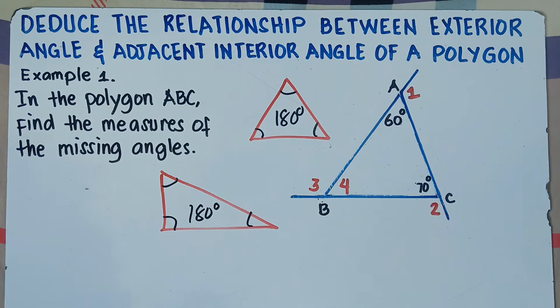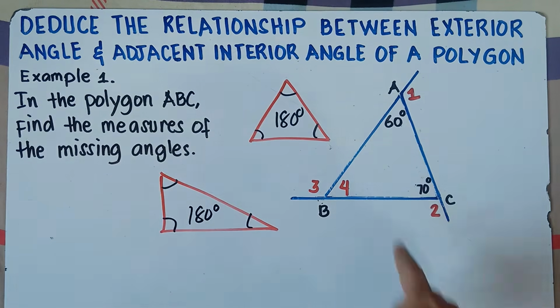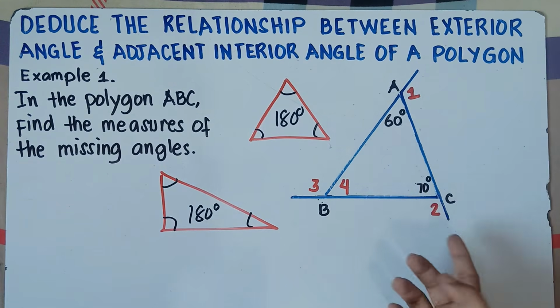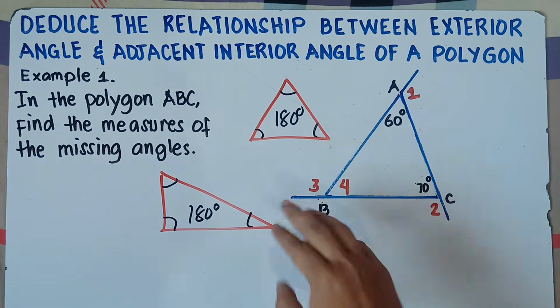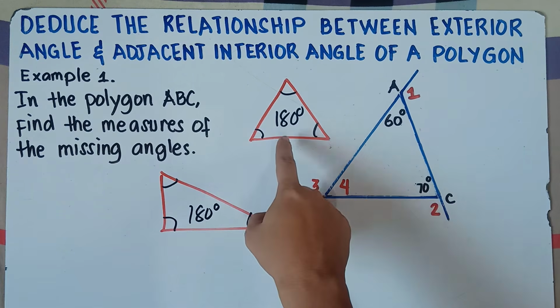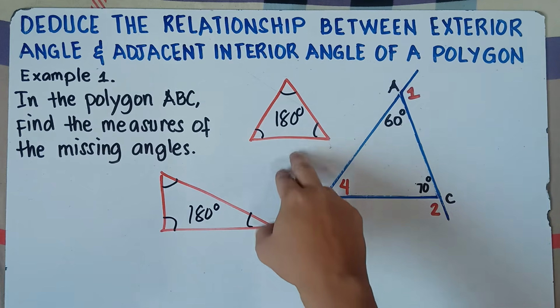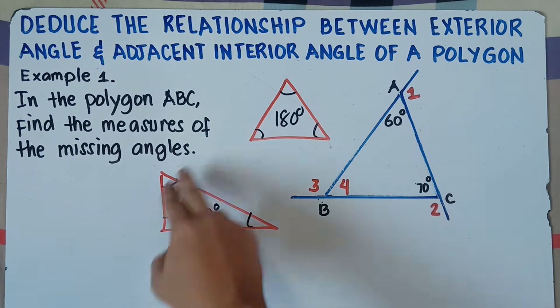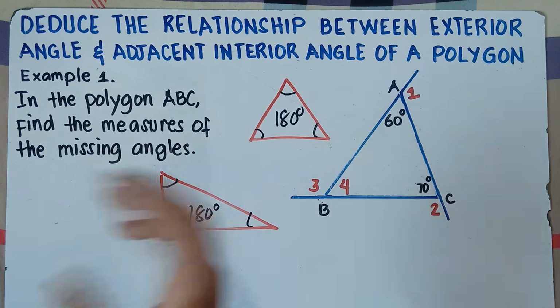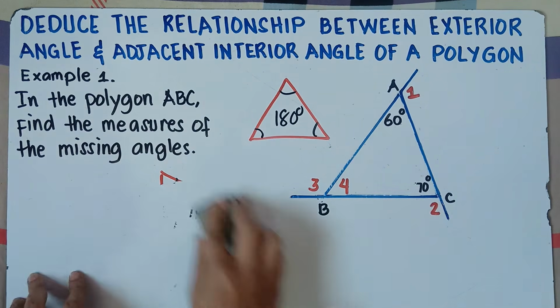Any kind of triangle, the sum is always 180 degrees. Therefore, we can get angle 4 by adding 60 and 70 and subtracting their sum from 180. But if you don't remember that the sum of the interior angles of any triangle is always 180 degrees, you can use the formula that we explained a while ago.